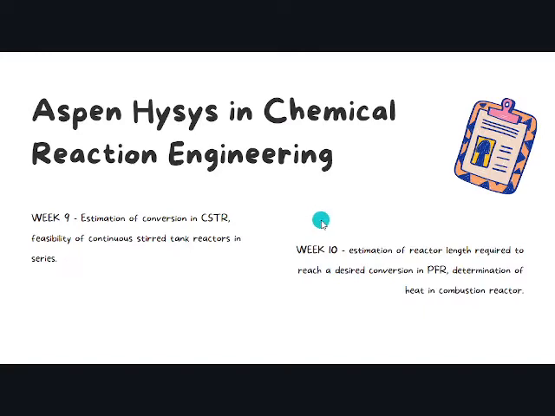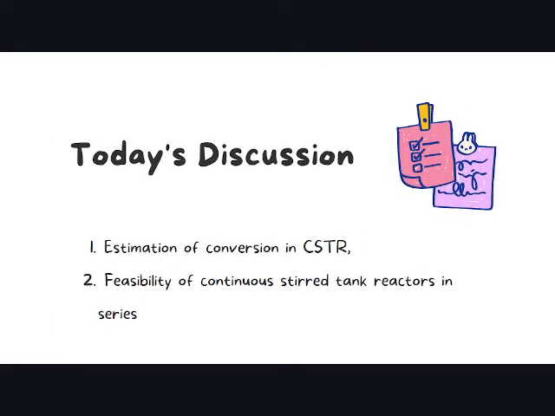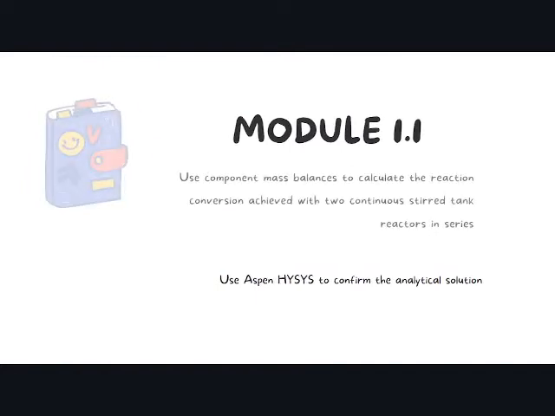And next week 10, we're going to estimate the reactor length required to reach a desired conversion in a plug flow reactor, and we are going to determine the heat in a combustion reactor. So let's move to our first module, estimation of CSTR conversion.